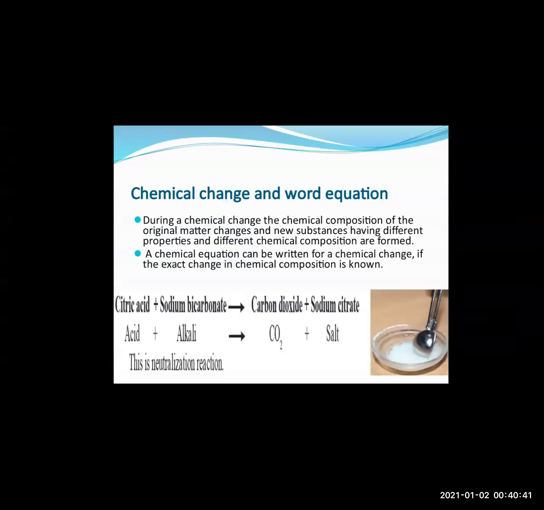Some chemical changes are described with the help of equations. There are some equations that you have to balance, and how that reaction takes place is because of the chemical changes that we are going to study in this lesson. First of all, during chemical changes, the chemical composition of the matter changes and new substances are formed.